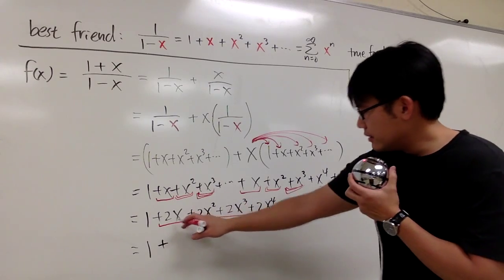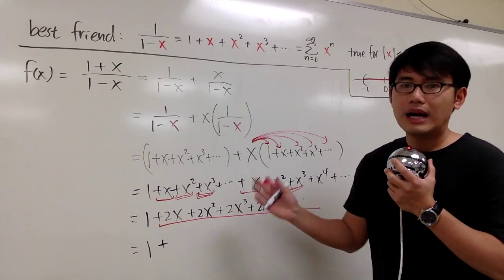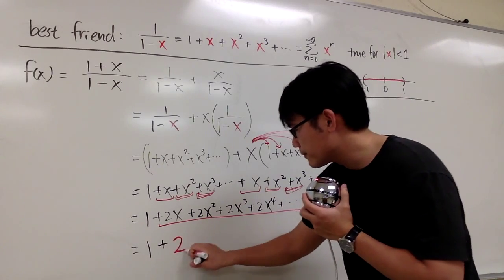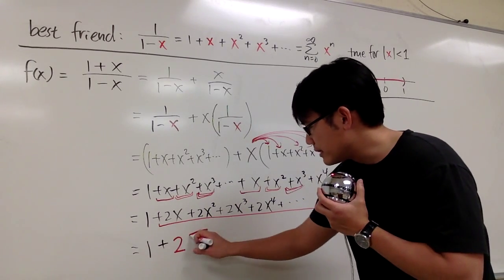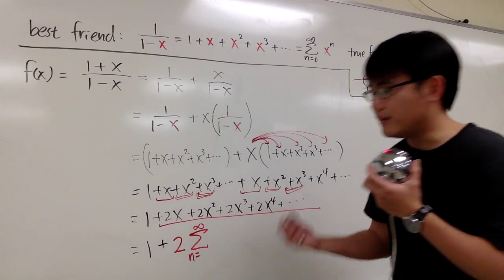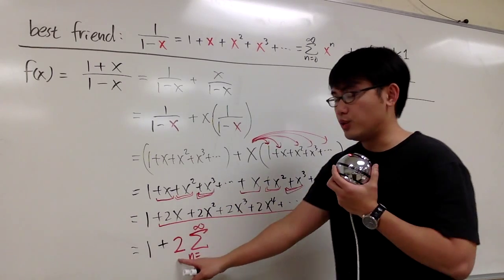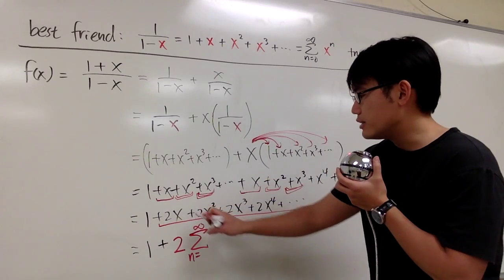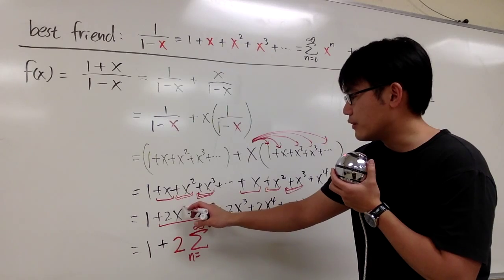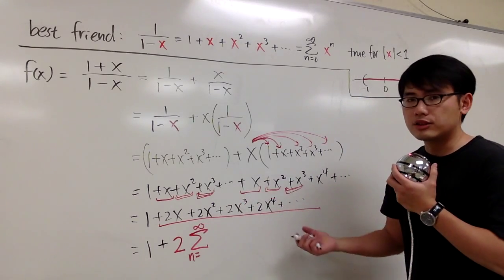Everything has a 2, so I can put a 2 outside of the sigma notation. And now I will write down my summation, n starts with something, ends up with infinity. First, I'm not looking at the 2 anymore because the 2 is on the outside. And second, as we can see, we have x to the first power, x to the second power, x to the third power, and so on.